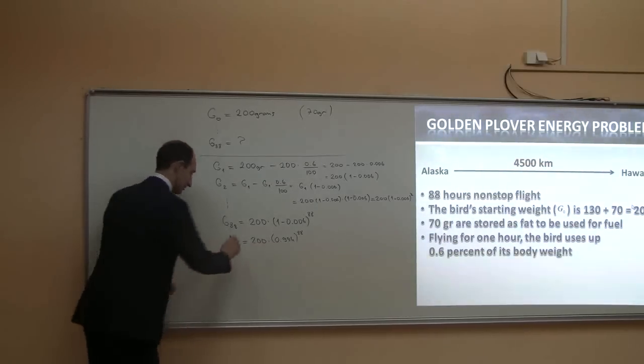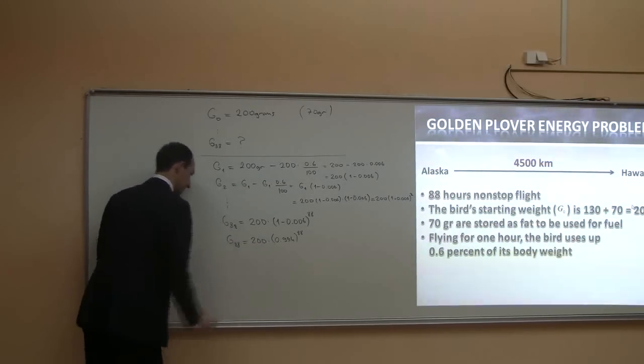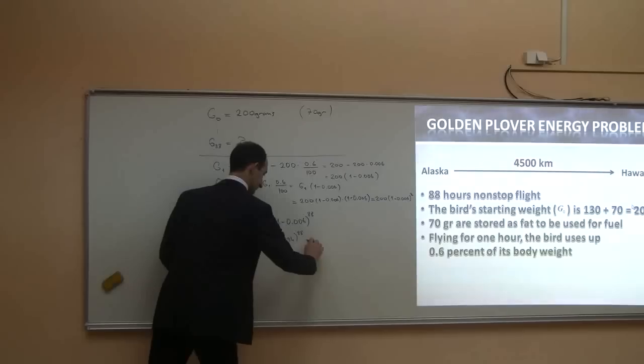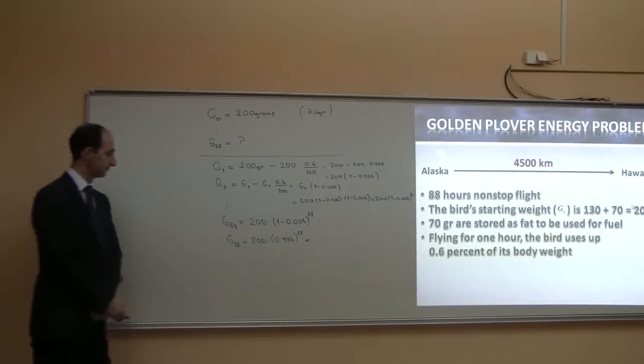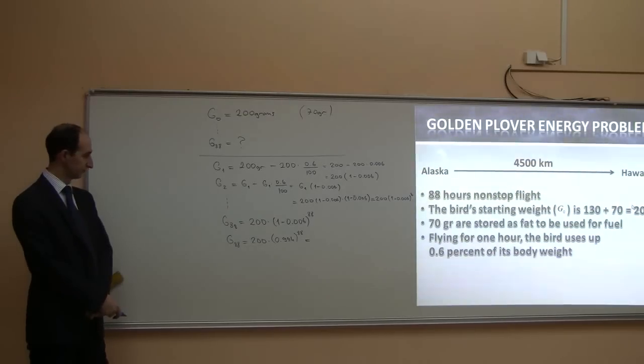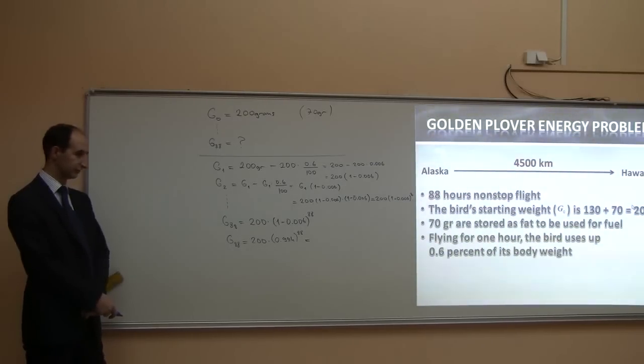Just evaluate this. This is G88. What will be the result? It is 0.5888. That 0.994 should be to the power 88.